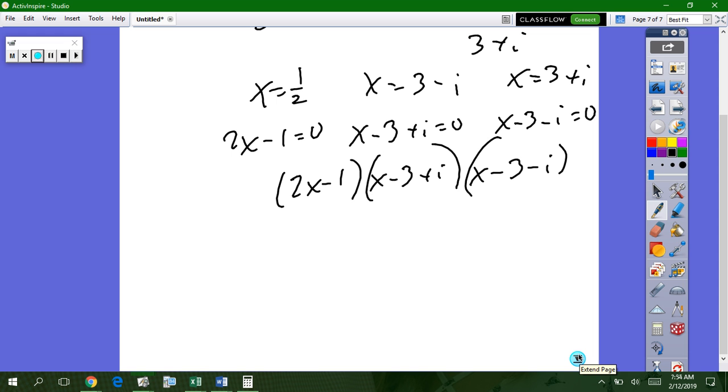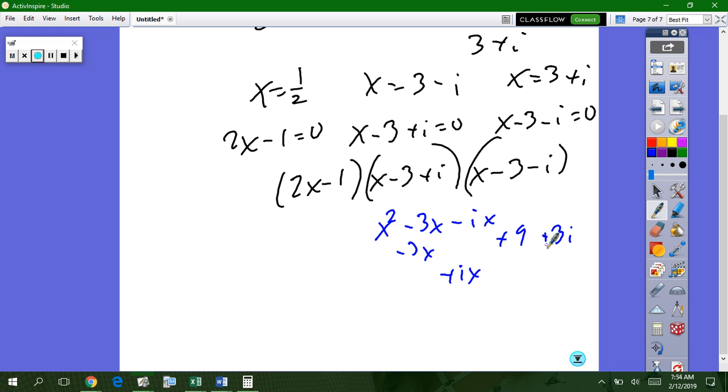Who would you guys multiply together first? I would multiply the ones with the imaginary solution. Okay? When I do so, I get x times x is x squared, minus 3x, minus ix, minus 3x again, plus 9, minus 3i, plus ix.